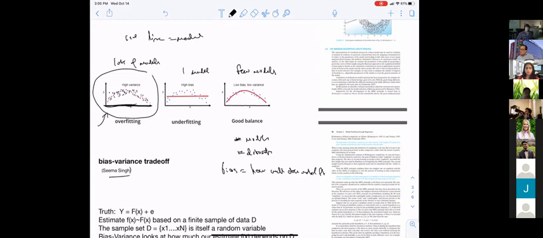The model is going to fit very well to one particular data set, and in general will fit very badly to other data sets. So I will have very high variance over the set of data sets, right?